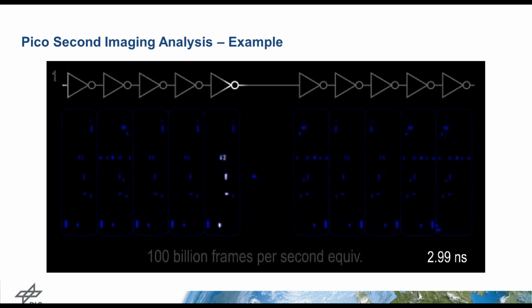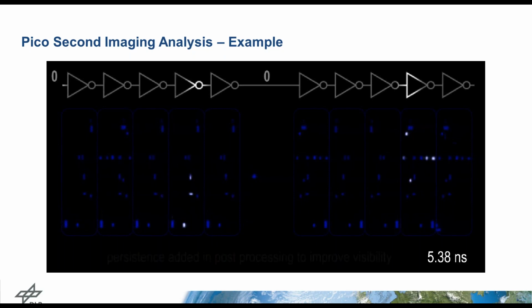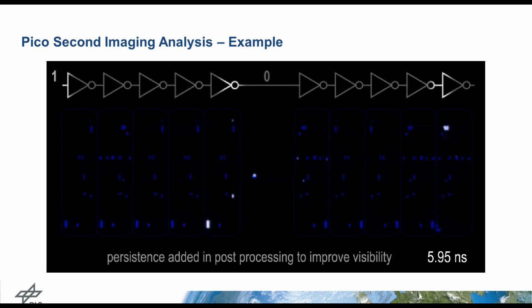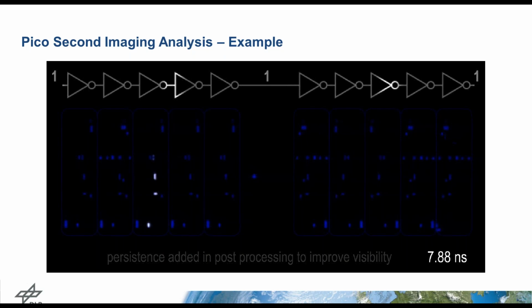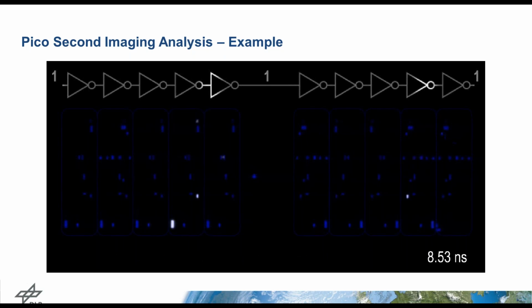And to compensate for this difference in the mobility, the PMOS are usually bigger in size. Yeah, this shows you what you can do with picosecond imaging analysis, and it shows you also that we are able to track the signal within an IC by an optical method.